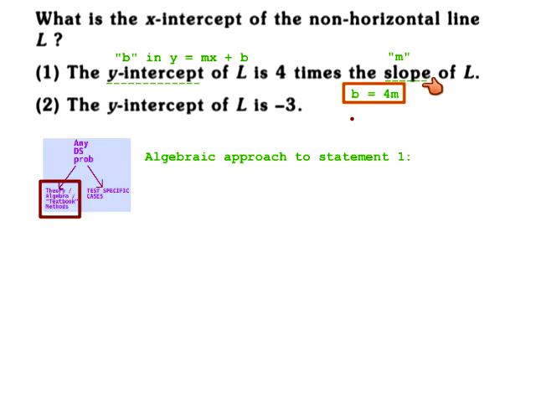Does anybody have any automatic ideas as to how that can be used? What do you do with this? Yeah, just use this as a substitution, sure, right? So just plug it in for b.